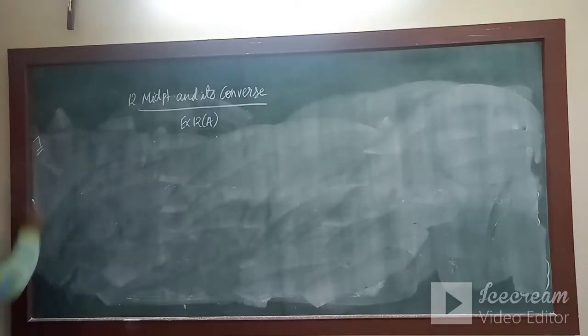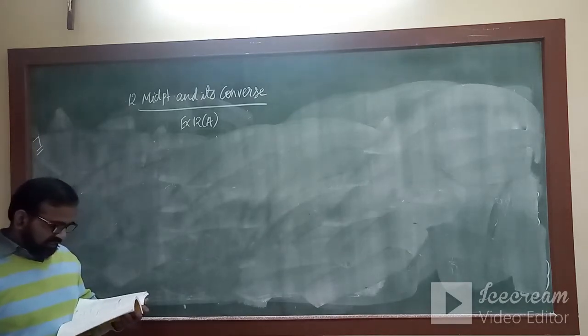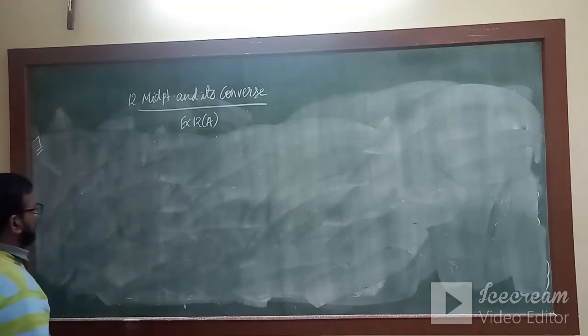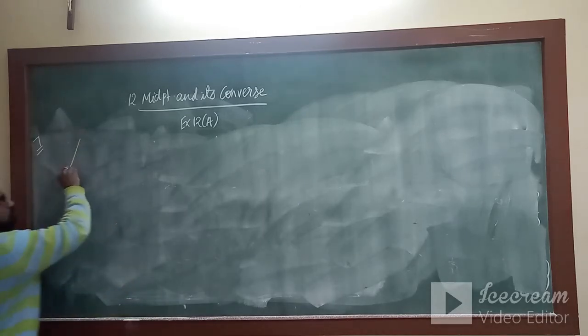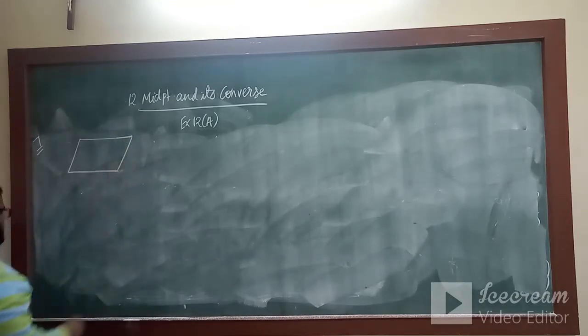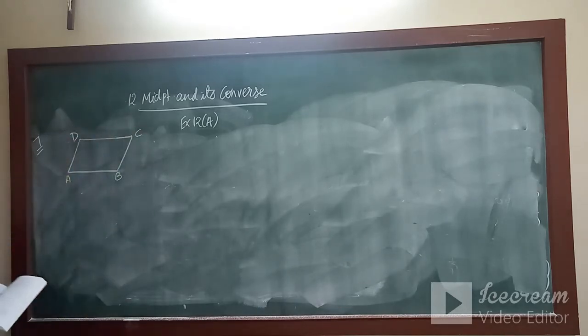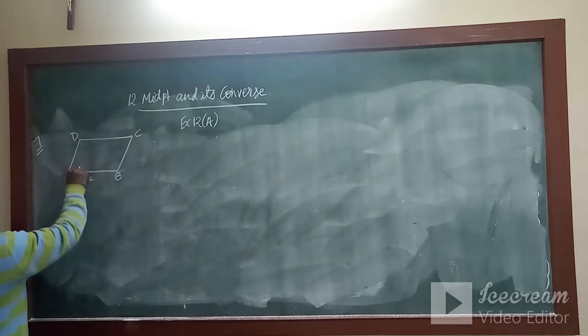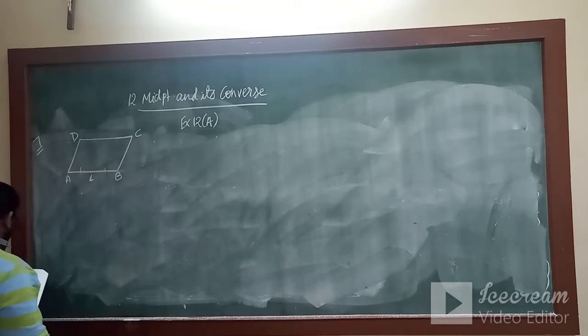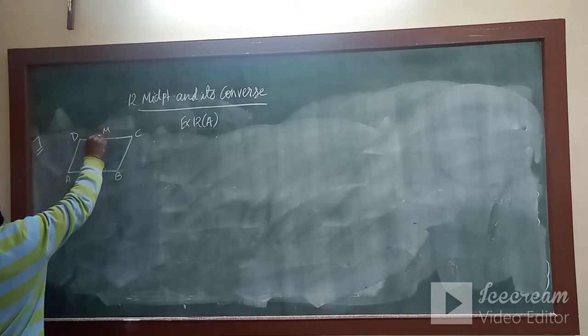So in question number 7, L and M are the midpoints of the sides AB and DC respectively of a parallelogram ABCD. First we will draw the parallelogram like this. Then it is A, B, C and D. L is the midpoint of AB, and M is the midpoint of DC.